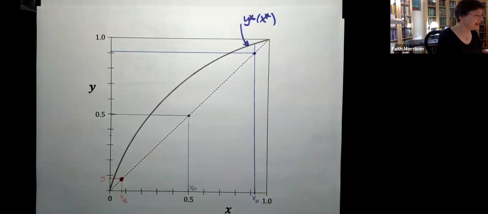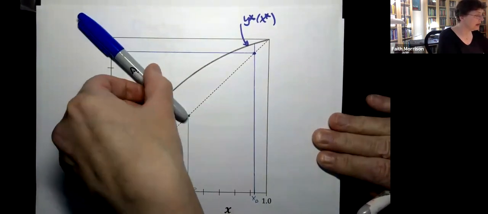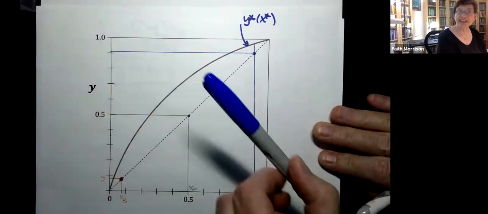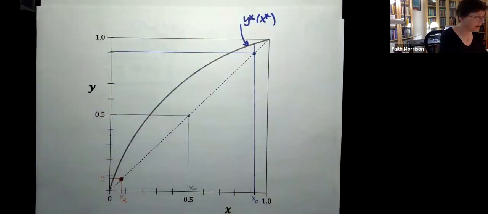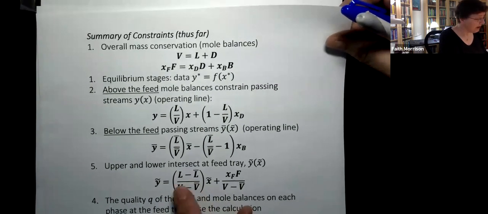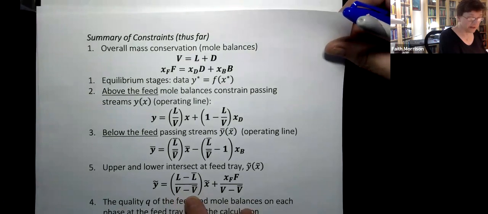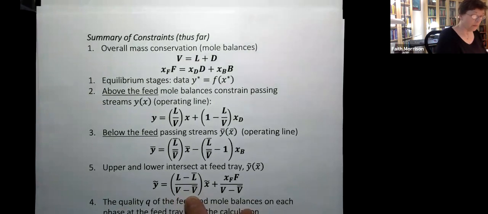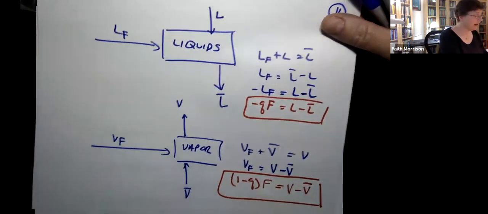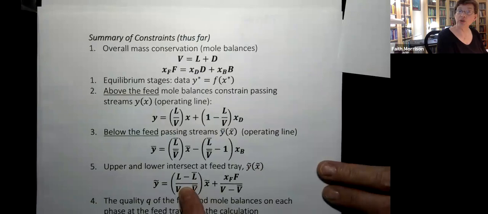And therefore, the various conditions of the feed are going to have various slopes of a line that depend on Q. So going back to here, L minus L bar is minus QF. V minus V bar is 1 minus QF, just using the terms here in red. And the slope is only due to Q.